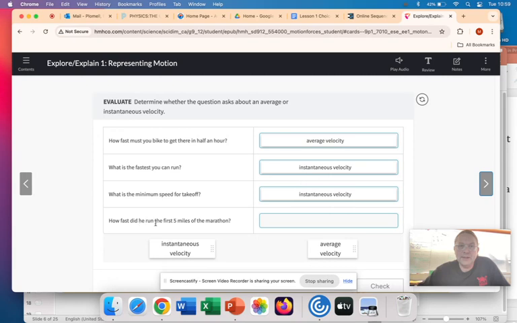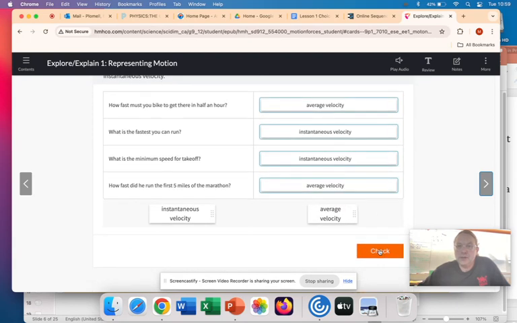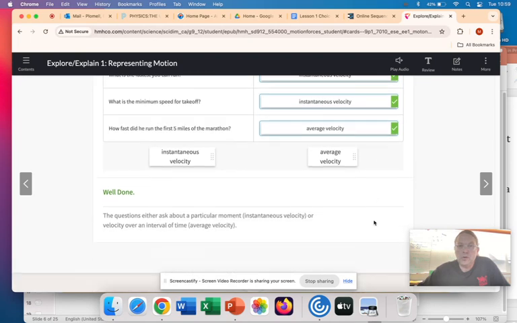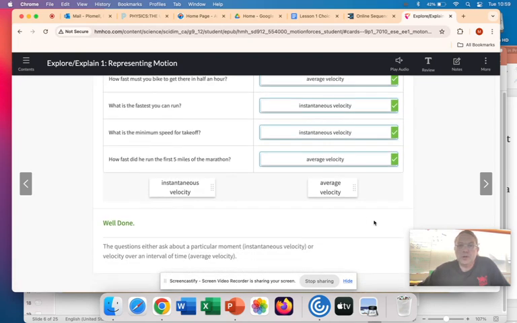How fast did he run the first 5 miles? So over this huge distance, what was the average velocity? Okay. So instantaneous would be at a particular moment, how fast, whereas average velocity would be over an interval of time.